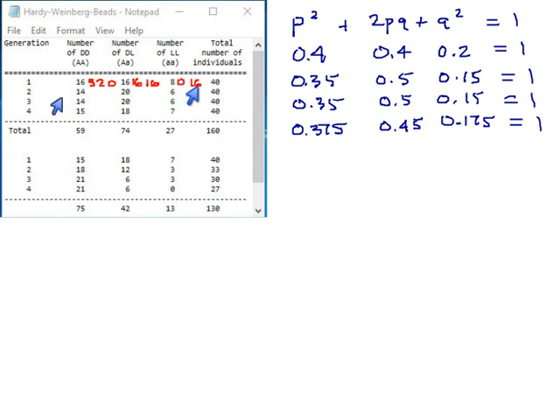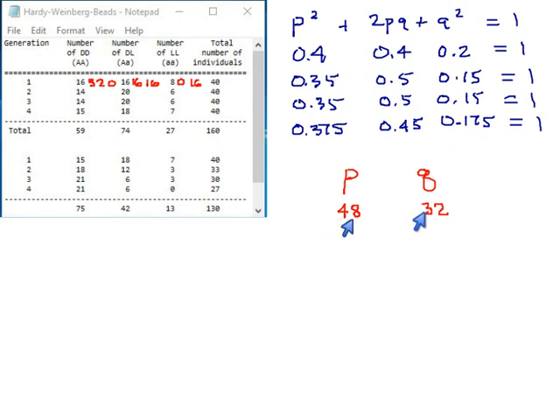So if we count those, let's see what we get. P and Q. For the first generation, we got 32 plus 16 is 48 dominant alleles. For the recessive group, we had 0 here, 16 here, 16 here, a total of 32 recessive alleles. Now, this shouldn't surprise us because I counted these at the beginning.